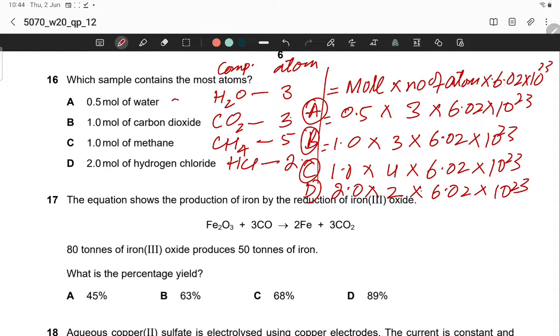Now 1 into 3 into 6.02 into... Yes, C option is correct after calculating this. So C must be the correct option.